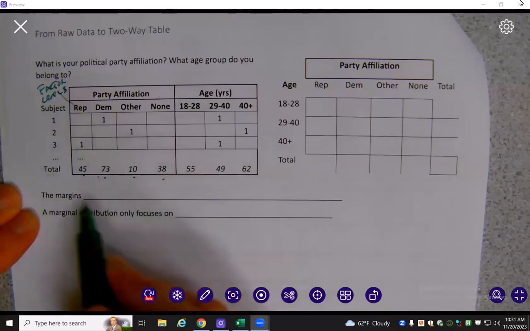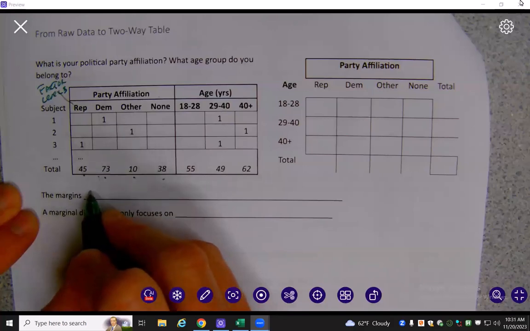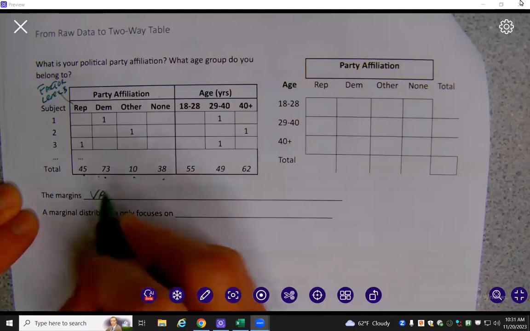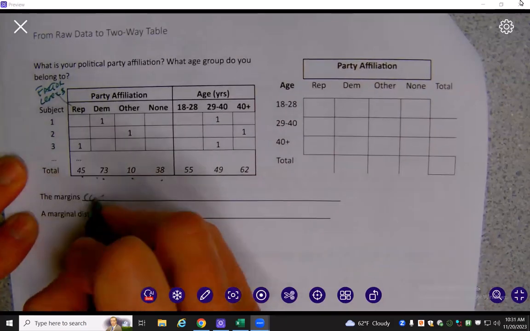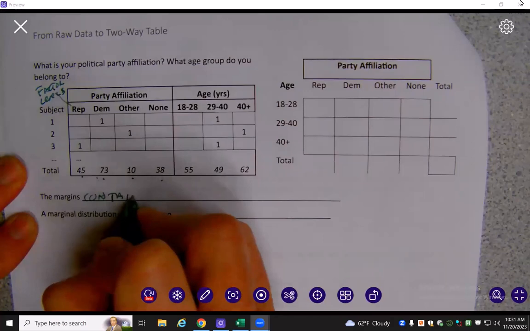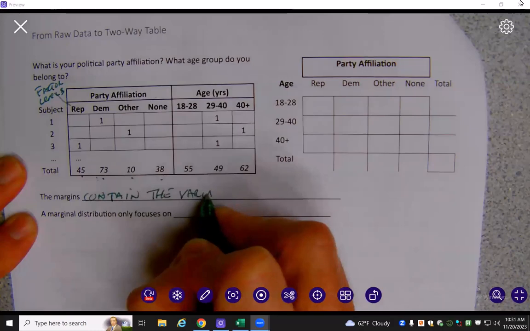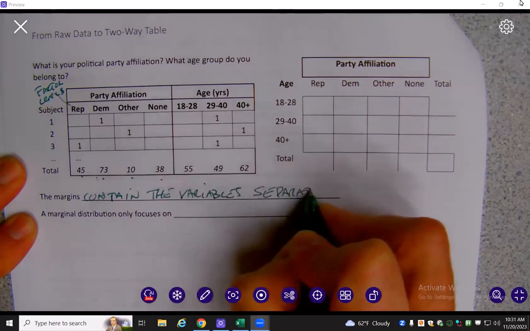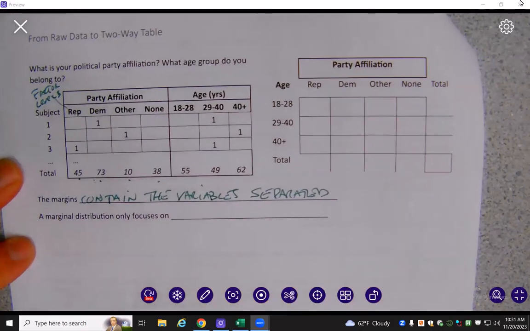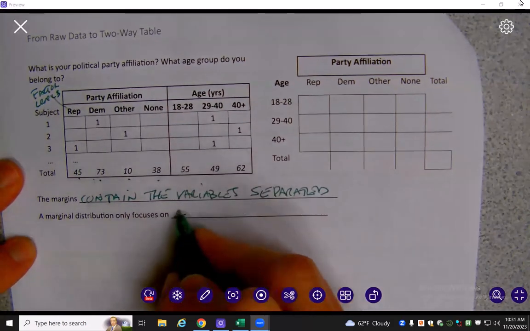The margins contain the variables separated, and a marginal distribution only focuses on individual variables.